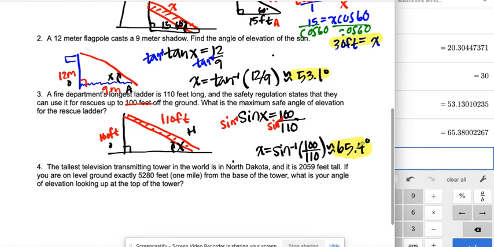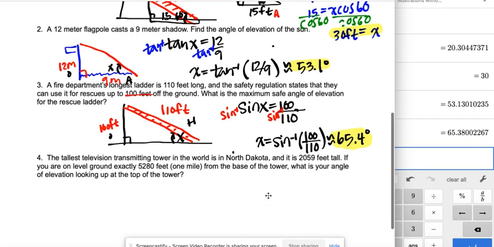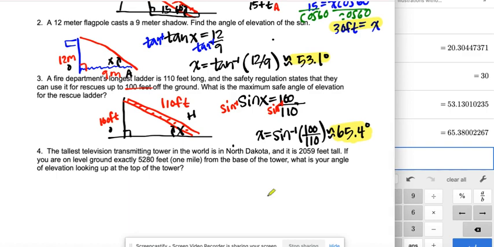All right, number 4. The tallest television transmitting tower in the world is in North Dakota. It is 2,059 feet tall. If you're on a level ground, exactly 1 mile away, so that's 5,280 feet away from the base of the tower, what's your angle of elevation looking up at the tower? So I'll go ahead and draw out my tower in the ground.